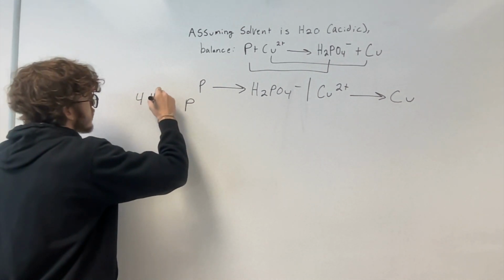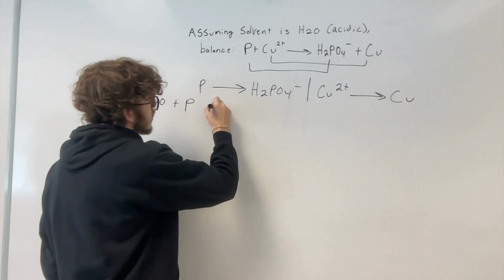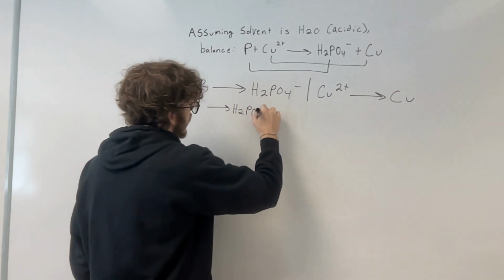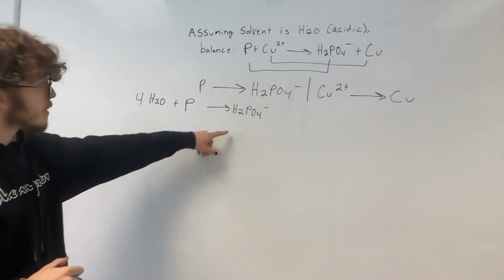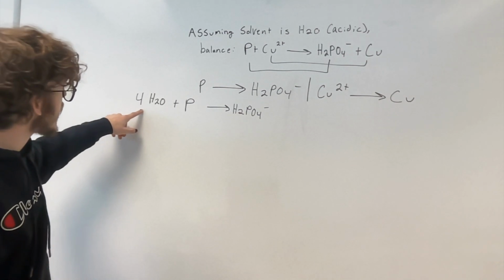So 4 H2O plus phosphorus is going to yield H2PO4 minus. Now notice here that we have some H's here. We have 2 H's, and over here we have 8 H's.